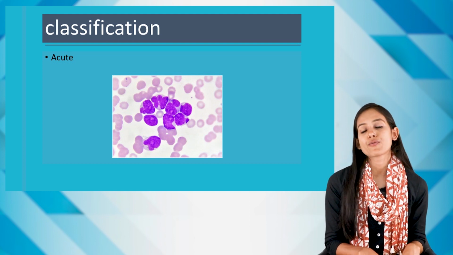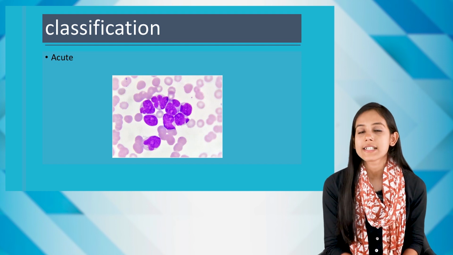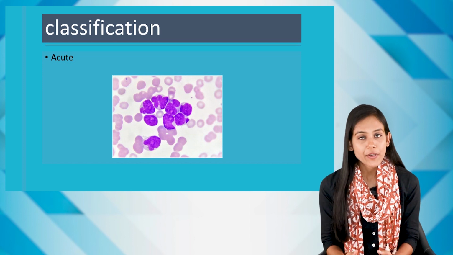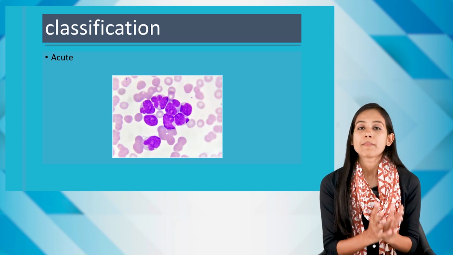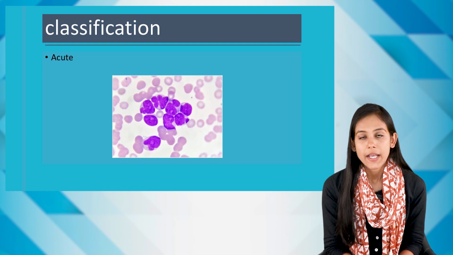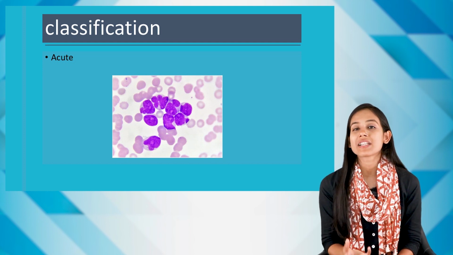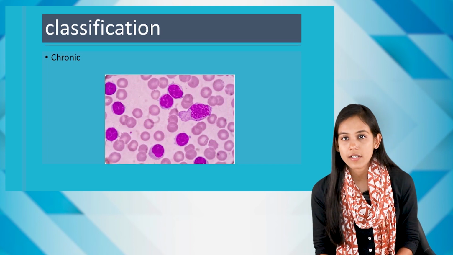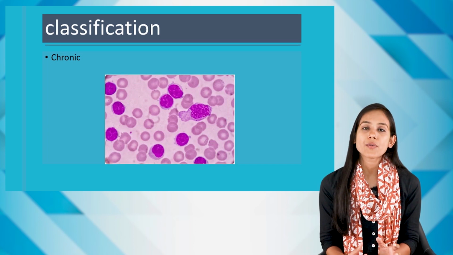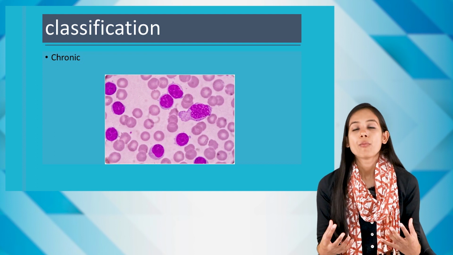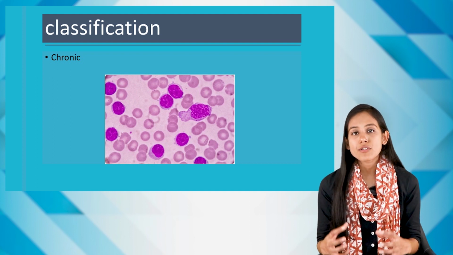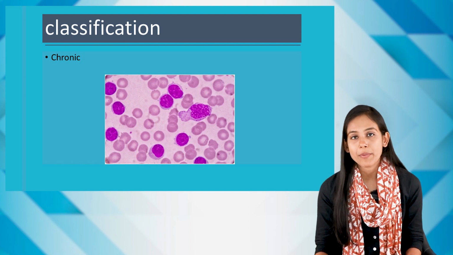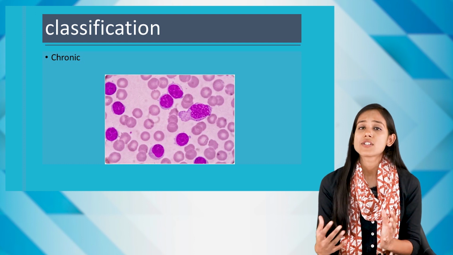And as it grows from the most immature cells, the cells bear no resemblance in appearance or in function to the mature specialized cells, because in acute leukemia the cells would be really immature. Whereas in chronic leukemia, the cells are a little bit more developed, and also chronic leukemia happens over a long period of time and grows very slowly.